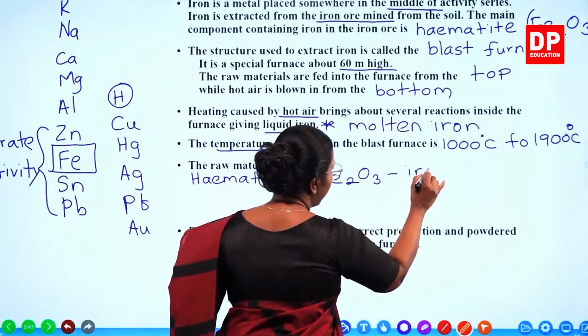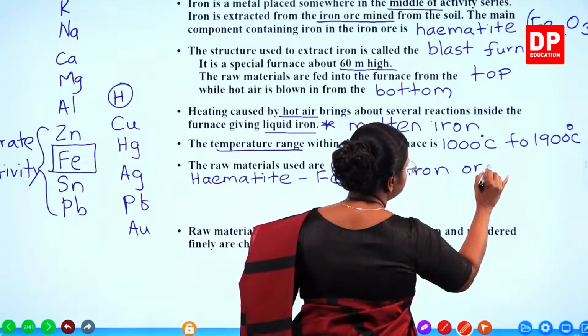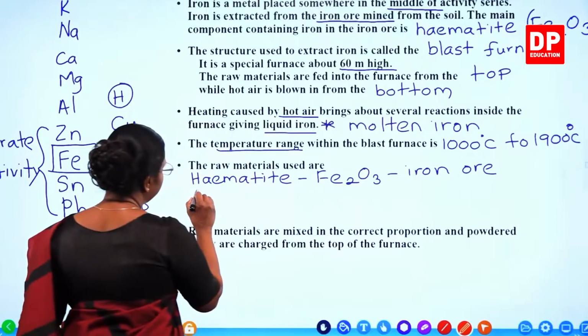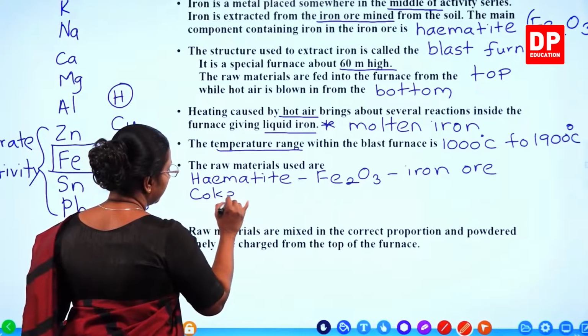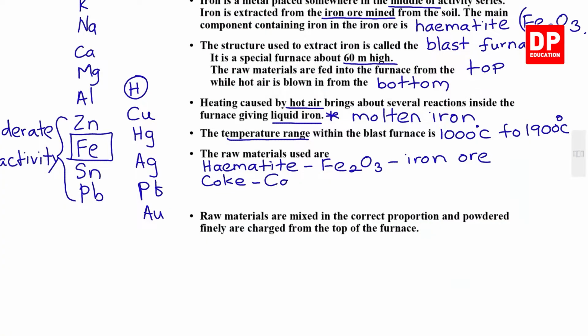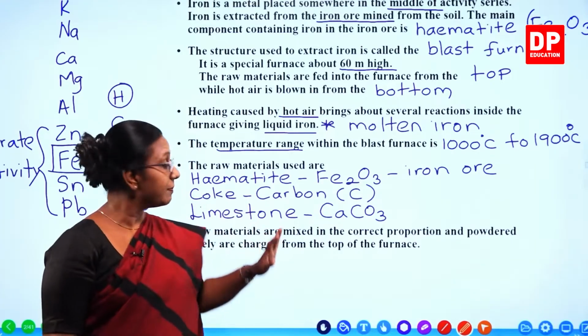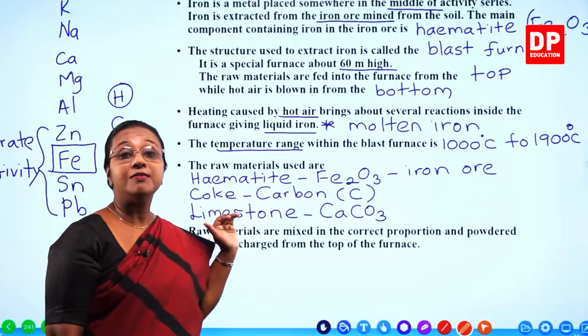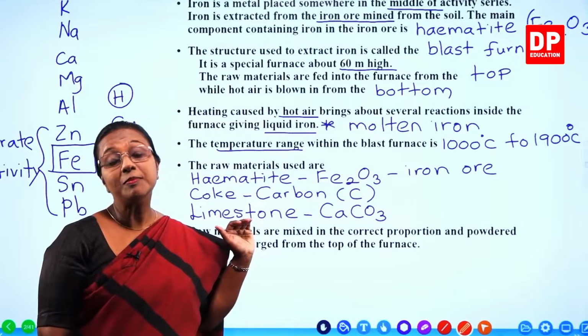This is the iron ore. Then we have coke. Coke is carbon. And also we use limestone. Limestone is calcium carbonate.